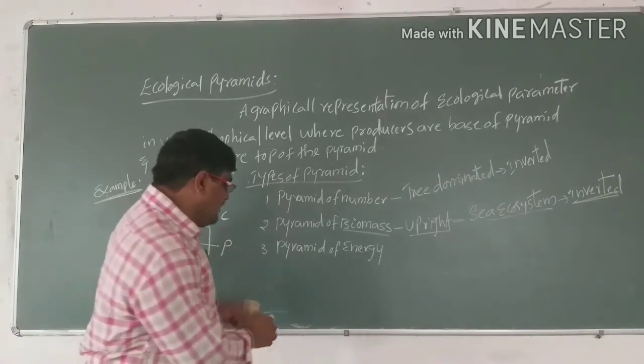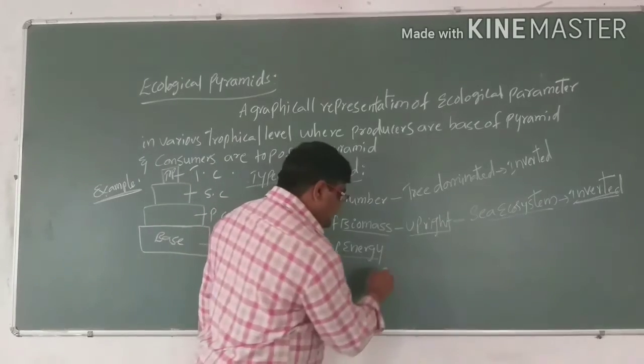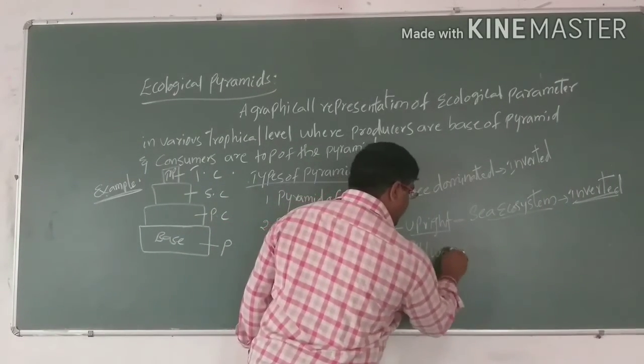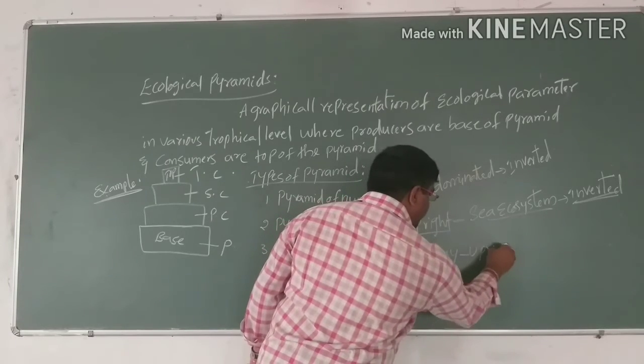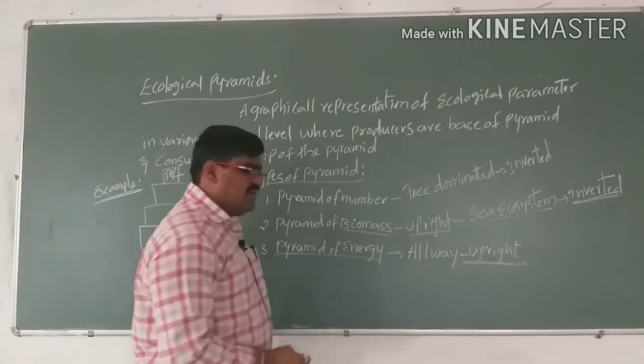Next, the pyramid of energy is always upright only. There is no inverted one, because the energy is transferring from one trophic level to another.